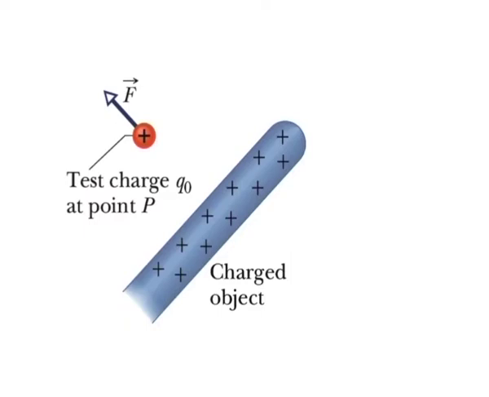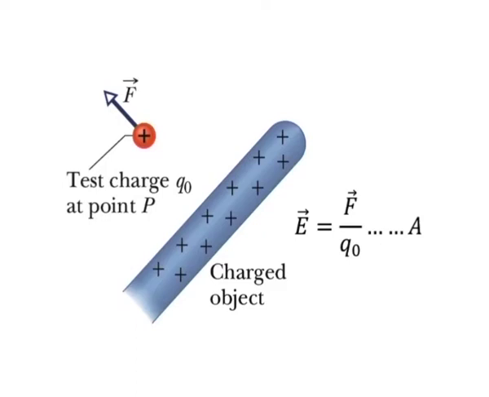At point P, we place a particle with a small positive charge Q0 called a test charge because we use it to test the field. We want the charge to be small so that it does not disturb the object's charge distribution. We then measure the electrostatic force that acts on the test charge. The electric field at that point is then E equals F upon Q0.